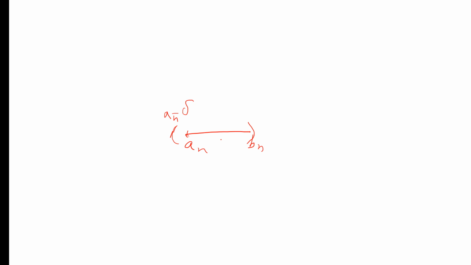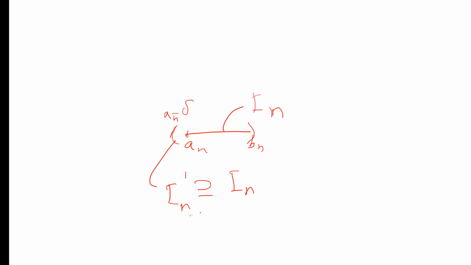So you have a new open interval, that is I_n prime. This is the original interval. So by adjusting delta, you can make it open, and then I_n prime will be a superset of I_n. So I_n prime will be a superset of I_n. So that is all about it.